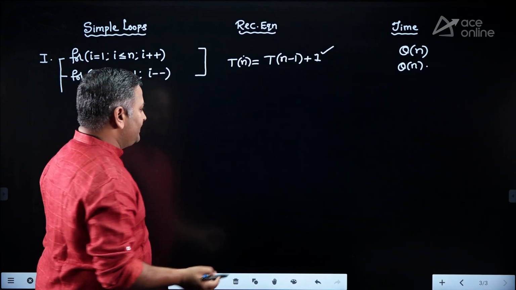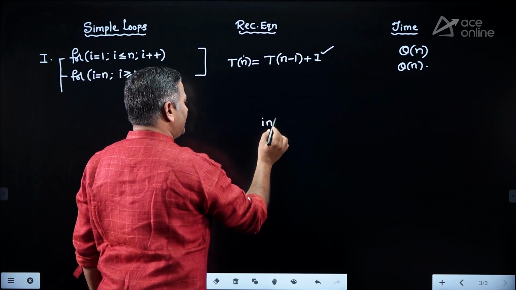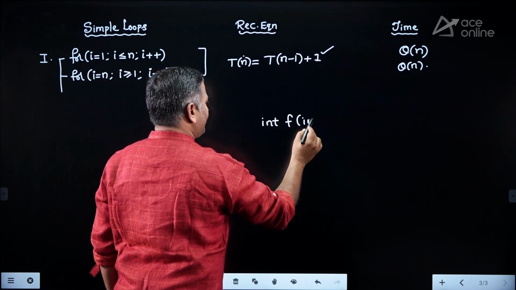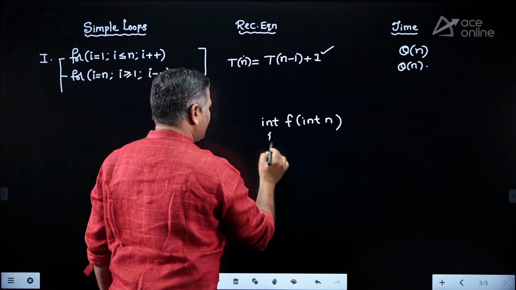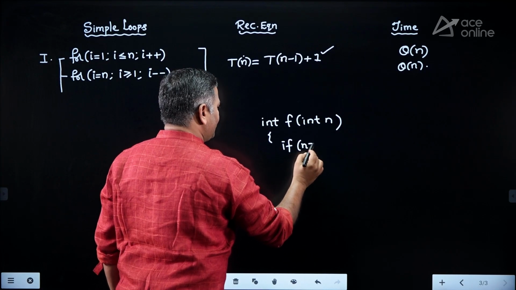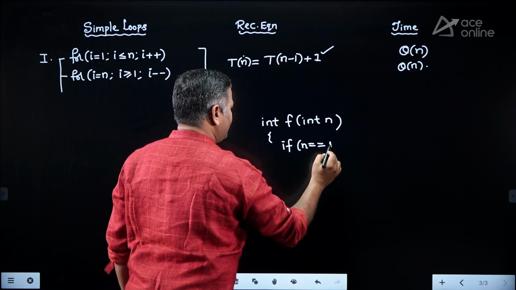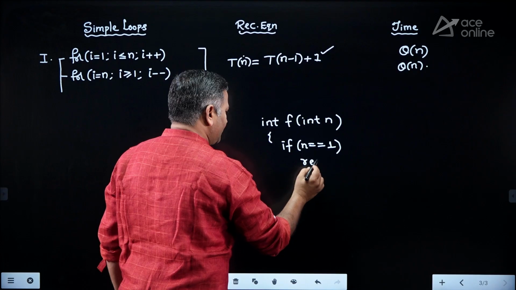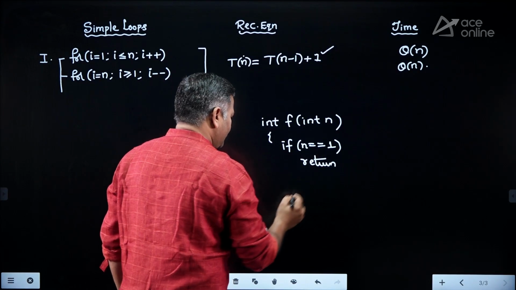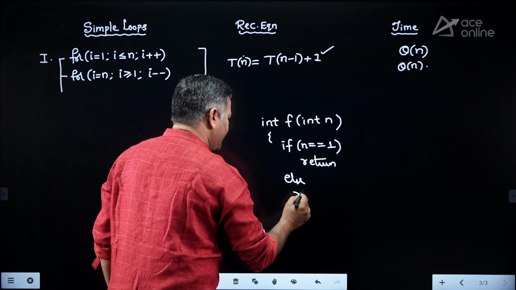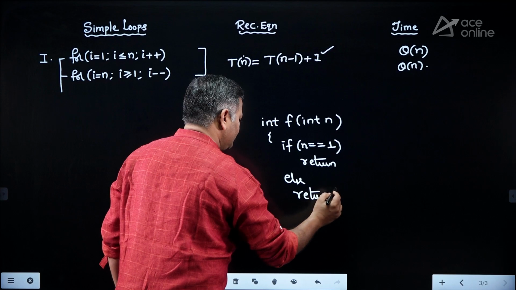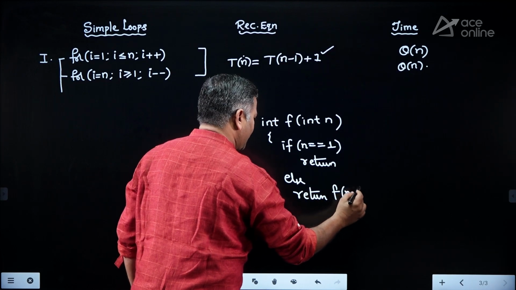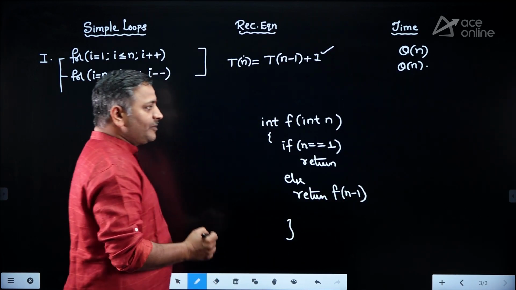Clear, friends? Okay, you can imagine the algorithm like this: int f of int n. If n equals 0 or if n equals 1, we can stop the process and return. Otherwise, else return f of n minus 1. Okay, your algorithm may look like this.